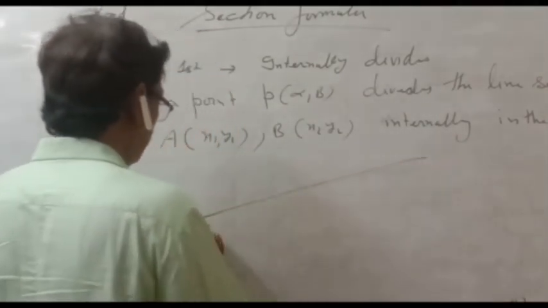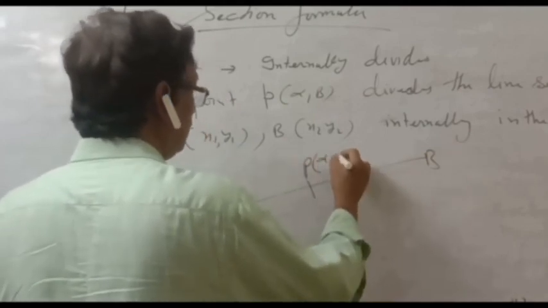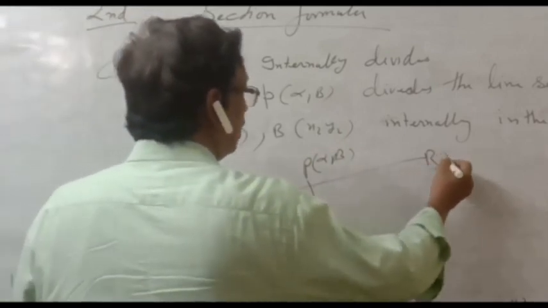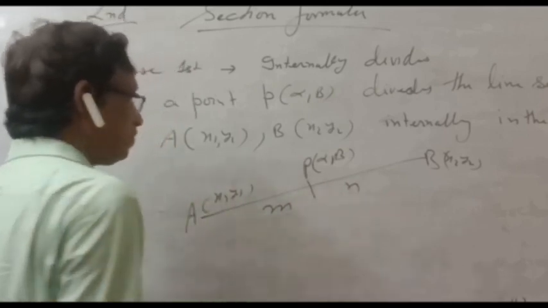In the figure we have A, B, P alpha beta, with x1 y1 and x2 y2, in the ratio m:n.